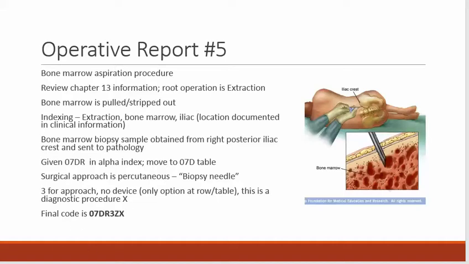This patient is being evaluated, and it says biopsy sample in the clinical information. That word biopsy is key, and that equates to an X. Our final code is 07DR3ZX.